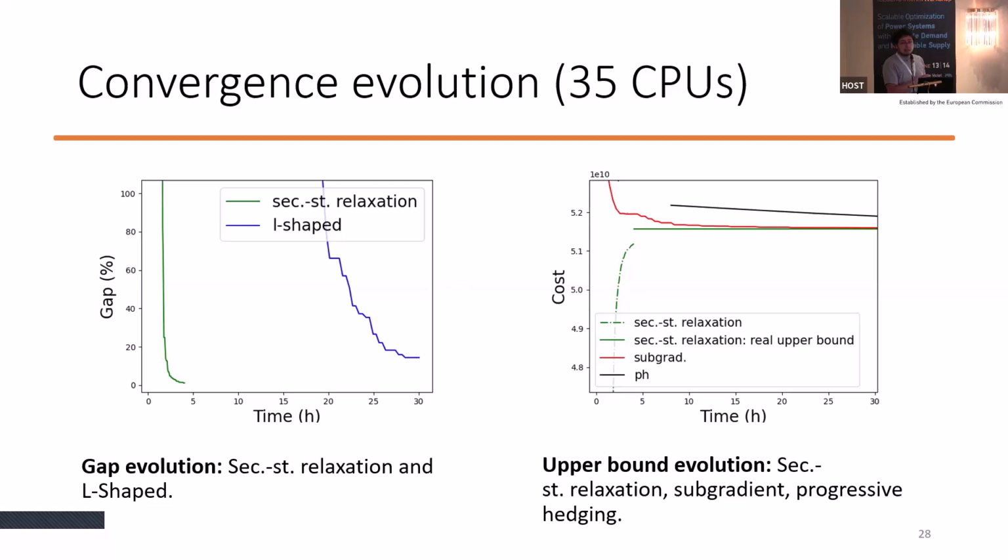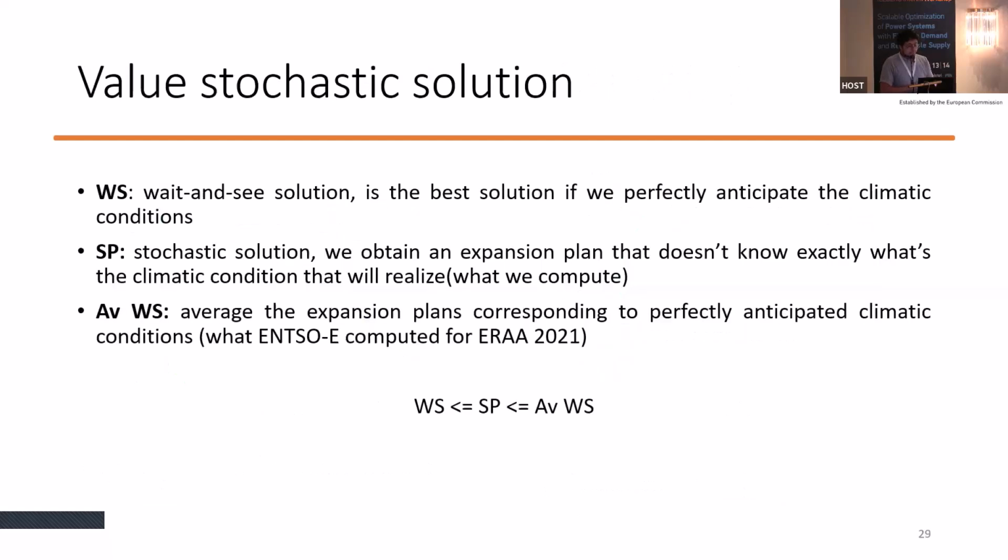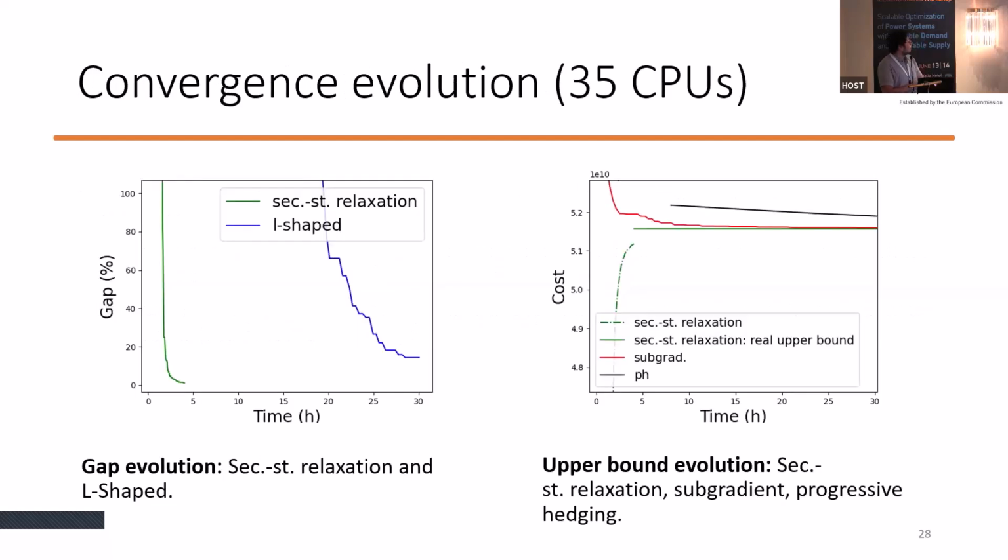Something I would also like to point out is that this subgradient method hasn't been proposed in the past in order to solve this type of problem. So this is also a new technique that we introduced here. So this is regarding the convergence of the algorithms.